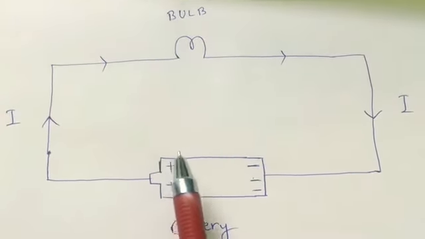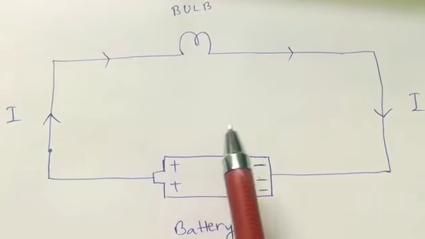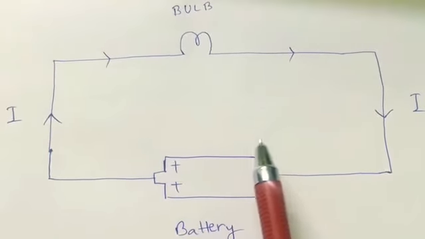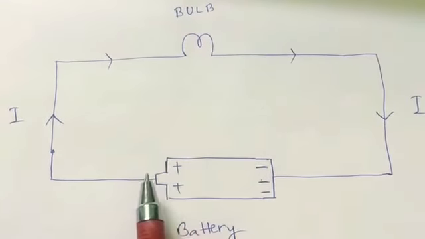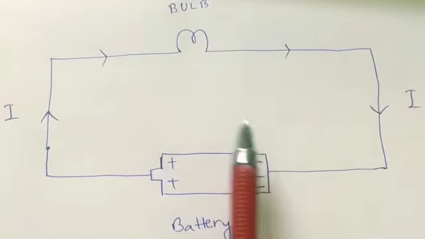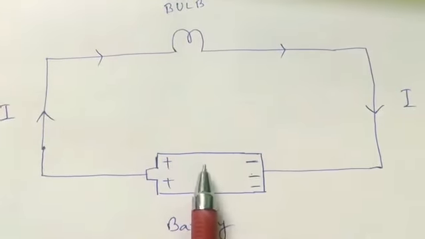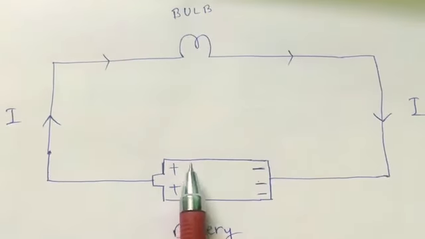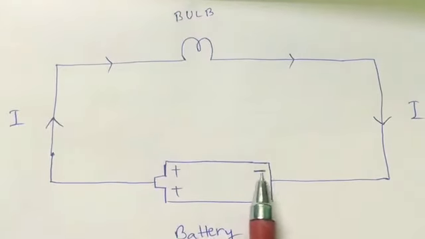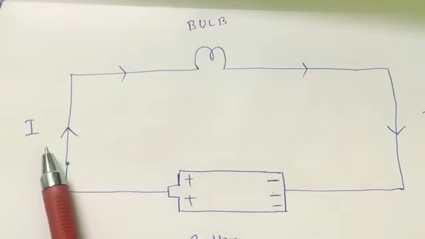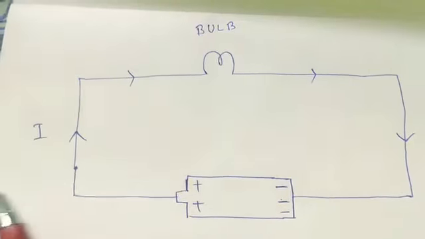Is it clear? Now if the question comes, how the current moves in the electric circuit, you can add this also. That current also moves from the high potential to the low potential. This current means electric current by convention.